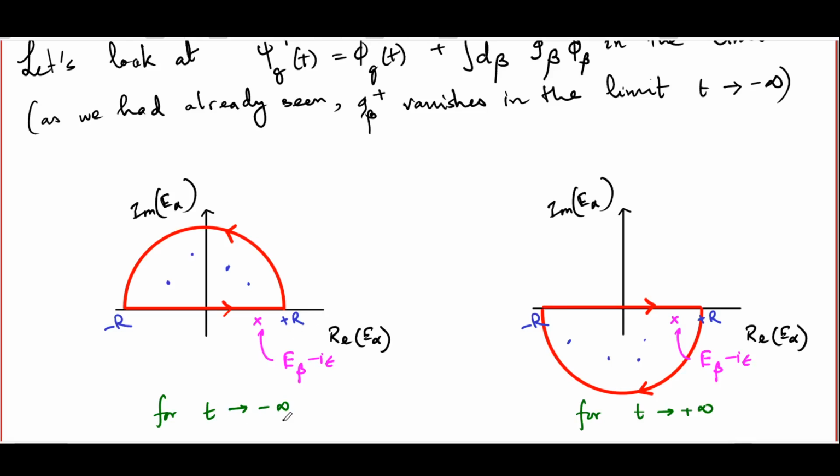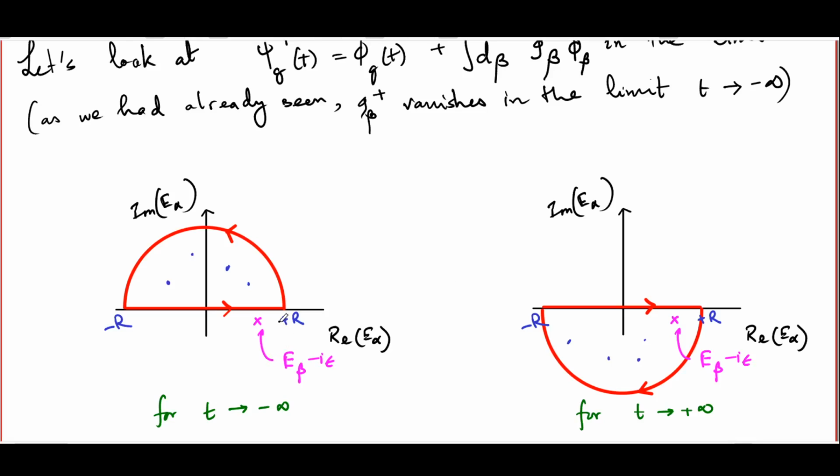For the case t going to minus infinity, the contributions which could have come from the poles of G alpha or T plus beta alpha in the upper half plane would all vanish because of the positive imaginary parts present for E in these poles, which would make the factor e to the minus I E alpha t go off to 0 exponentially.